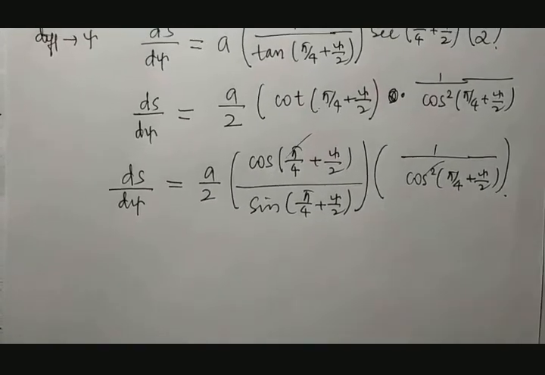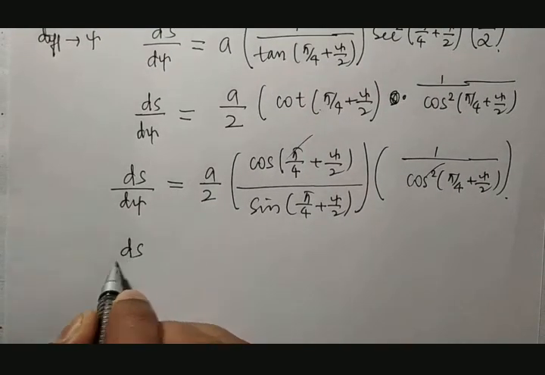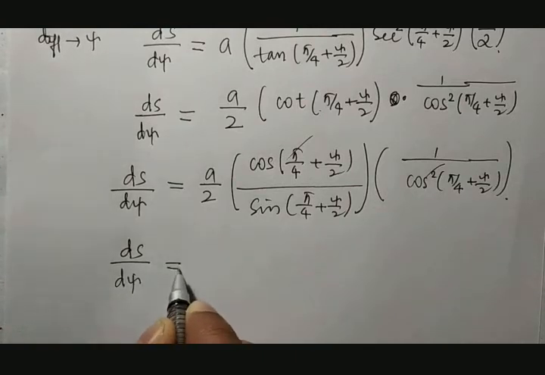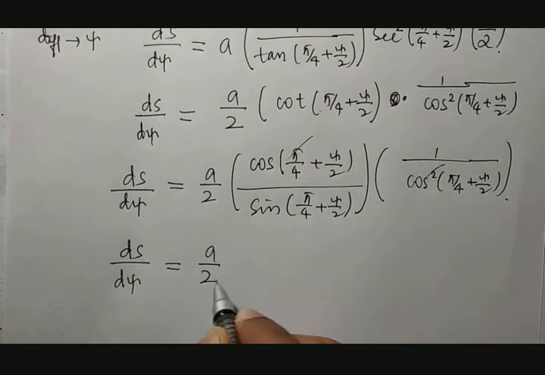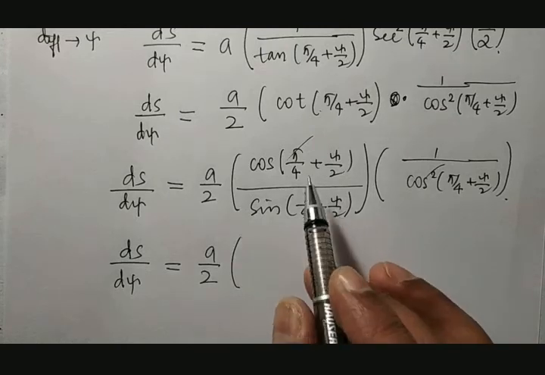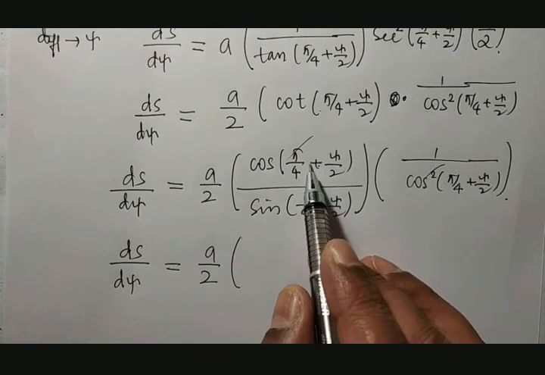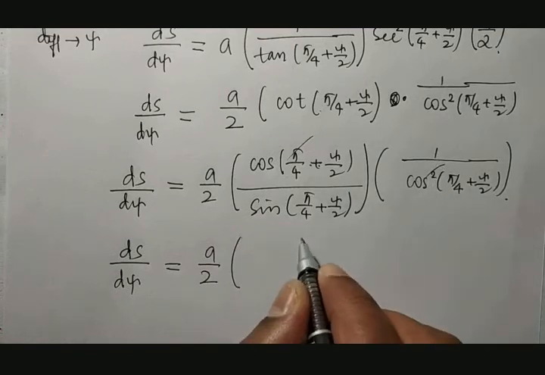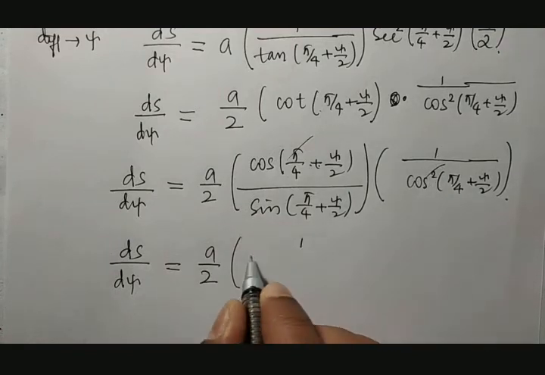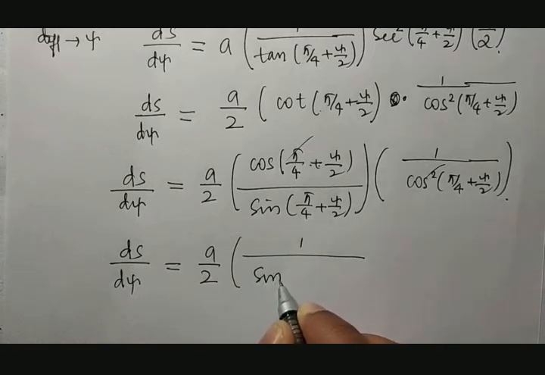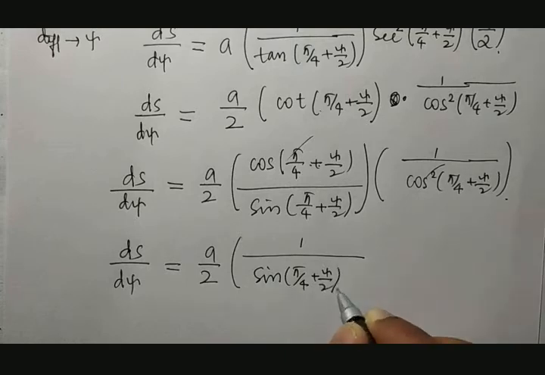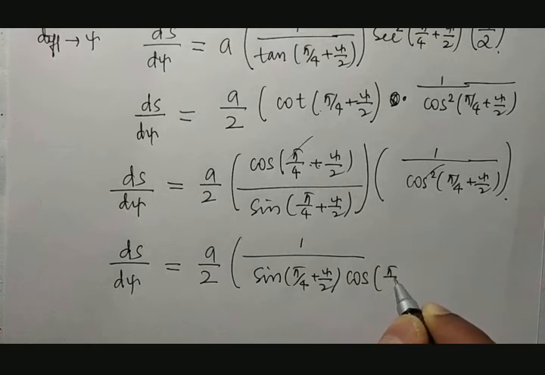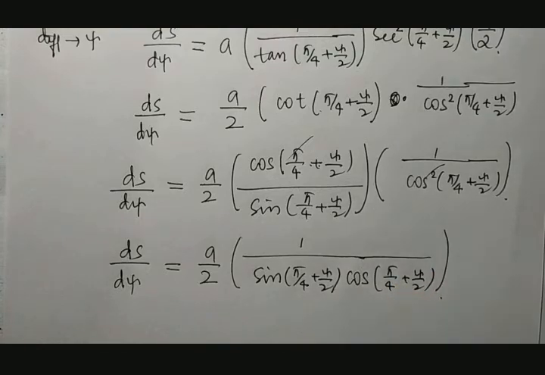Therefore, ds/dψ is equal to a divided by 2 into 1 divided by sin(π/4 + ψ/2) into cos(π/4 + ψ/2).